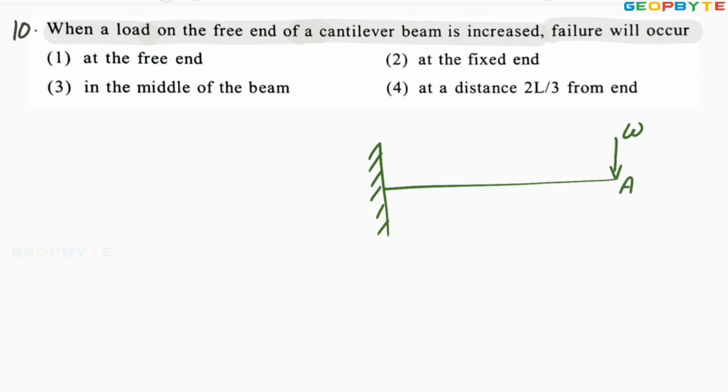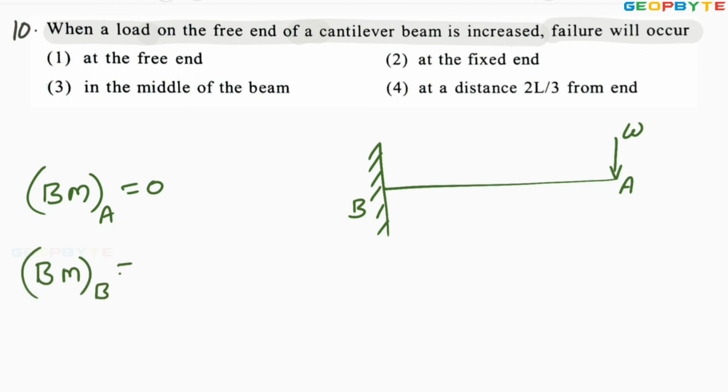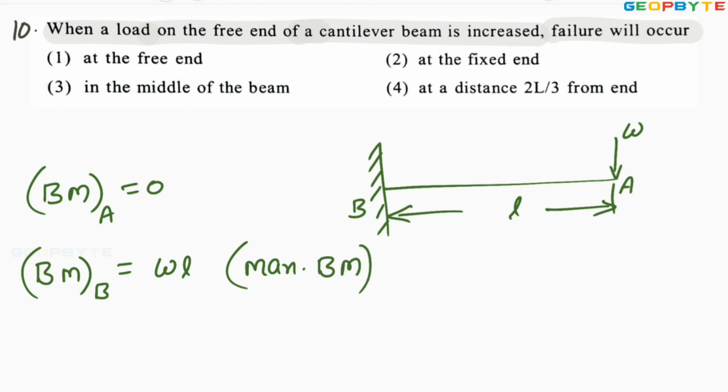Let this be A, this be B. Bending moment at A equals 0. Bending moment at B equals load multiplied by distance, W into L. This is the maximum bending moment.